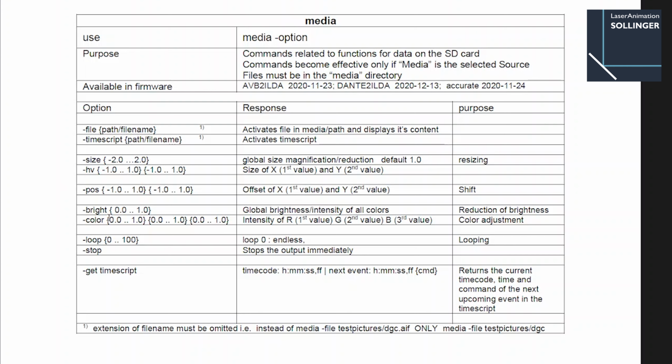You can also play with the position of your animation, of the output, going from -1 to +1 for both X and Y. The bright instruction will play on the global brightness or intensity of all colors, so that's sort of a master or intensity fader, while the color instruction will allow you to play with the single colors, so red, green and blue.